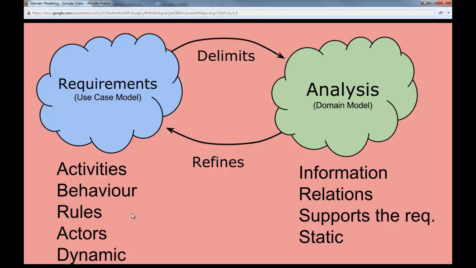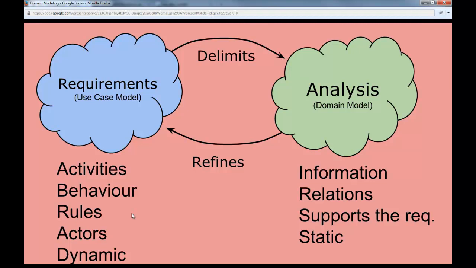So the requirements kind of like delimit the analysis, the domain model. So you only do analysis for the requirements at hand. If you were to do analysis for an open problem, so to speak, it would be very, very large, very complex. So make sure you delimit your analysis model using the requirements.